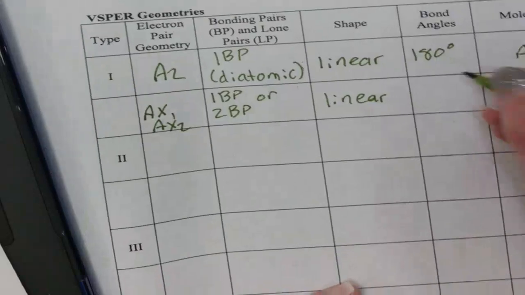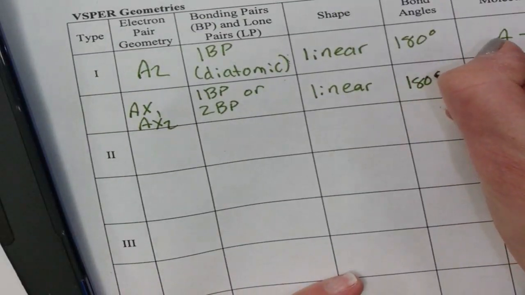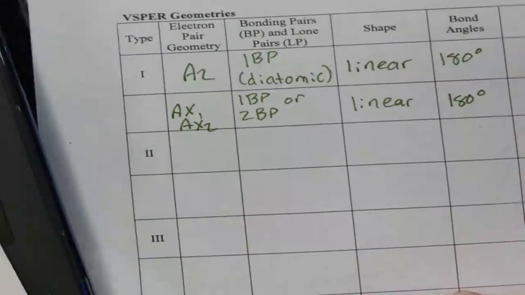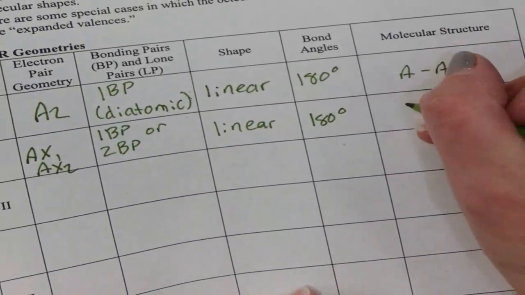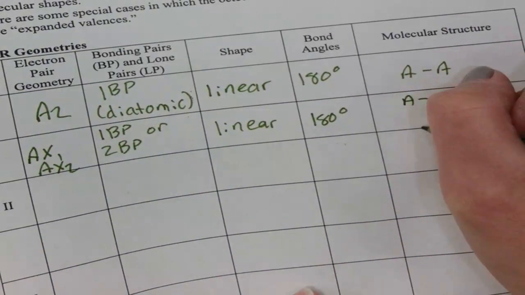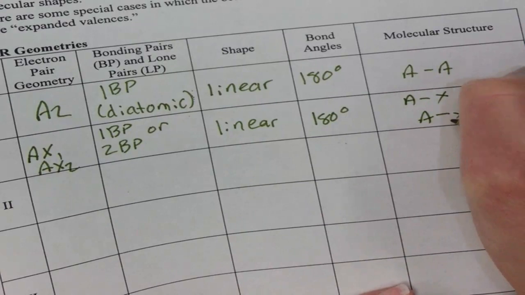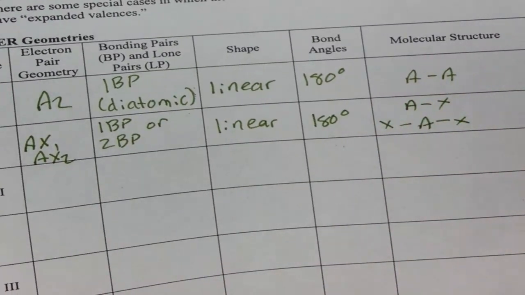All right, so that's going to give it a 180-degree angle. And if I was to ask you to draw it on your paper, you have A as the central atom where the X's are on the outside. And again, the A and the X are just representing whatever elements we're using from the periodic table.